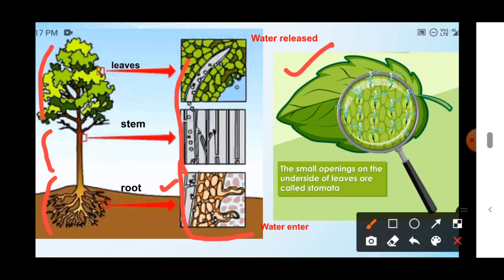When we observe it with a lens, you may see small holes on it. These holes are used for escaping the water molecules from the plants. So the stomata is very helpful for releasing water from the plant.